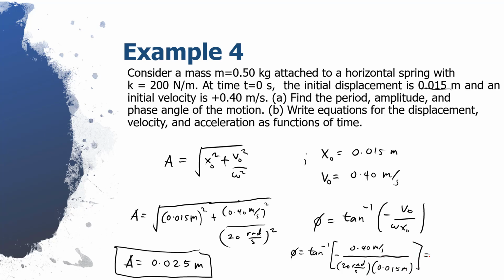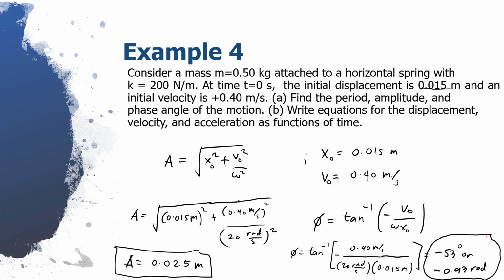So the phi, or the phase angle, is equal to negative 53 degrees, or in terms of radian, this is equal to negative 0.93 rad. So we have the phase angle equal to negative 53 degrees or negative 0.93 radian.